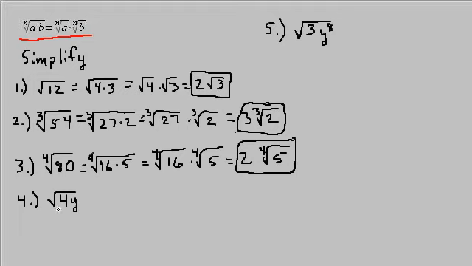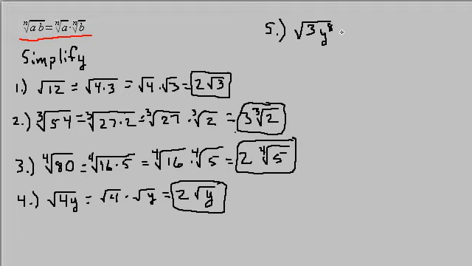Alright, let's take a look at this, square root of 4y. Well, 4 is a perfect square, y is not. But we can rewrite this as the square root of 4 times the square root of y. And then the square root of 4 is 2 square roots of y.